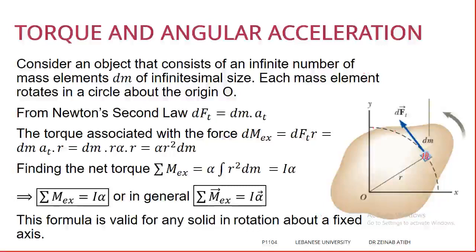So if I take the small particle, the infinitesimal particle of size dm, it will be subjected to normal forces and tangential forces. I won't care about normal forces, their moment will be zero. I only care about tangential forces. So for sure, dF tangential will be equal to mass times a tangential. Remember, it's mass times a tangential. So the moment acting on this small particle will be dτ equals dF times r.